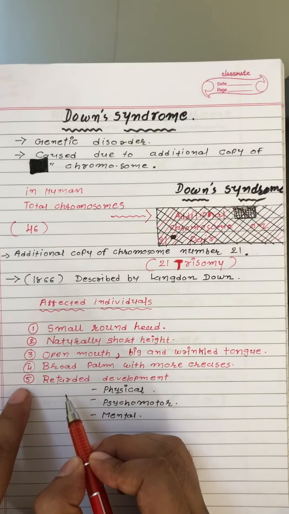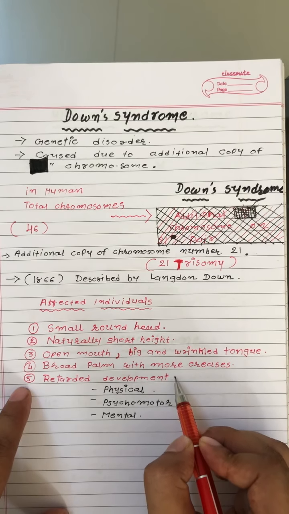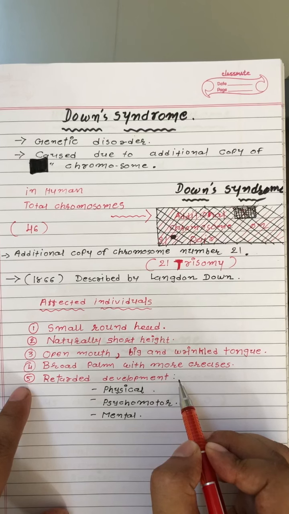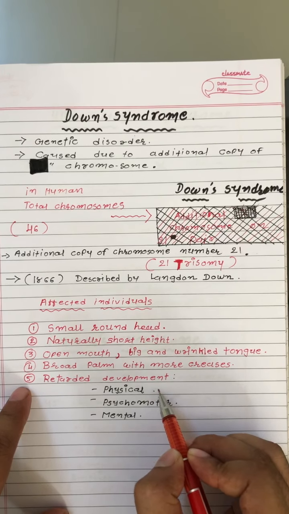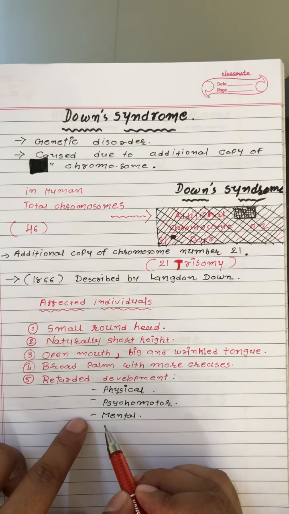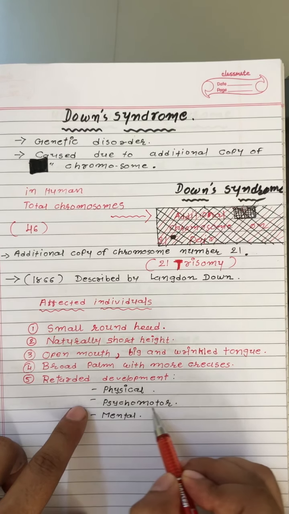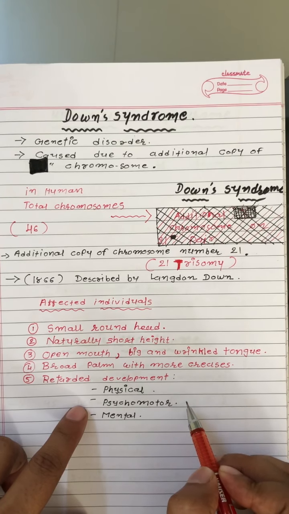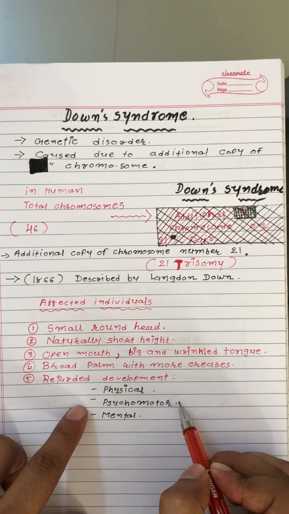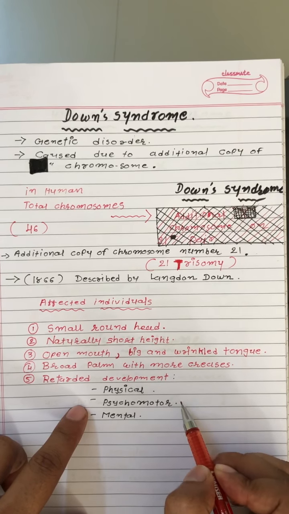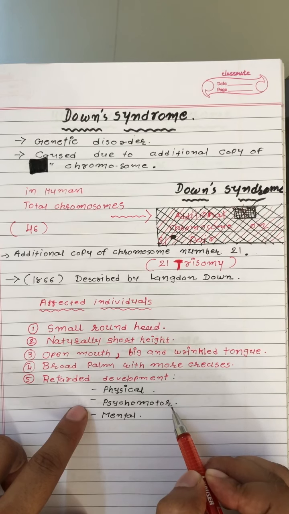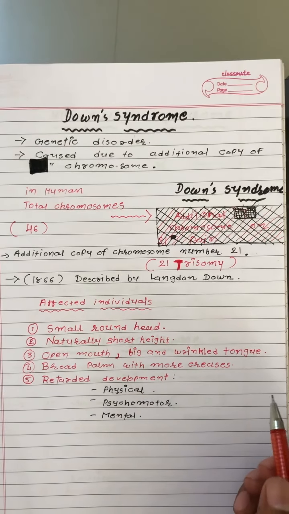And number 5, retarded development. We call it poor development, poor physical development, poor mental development, poor psychomotor development. Basically, psychomotor development is related to our behavioral development, which will be poor in the case of Down syndrome.